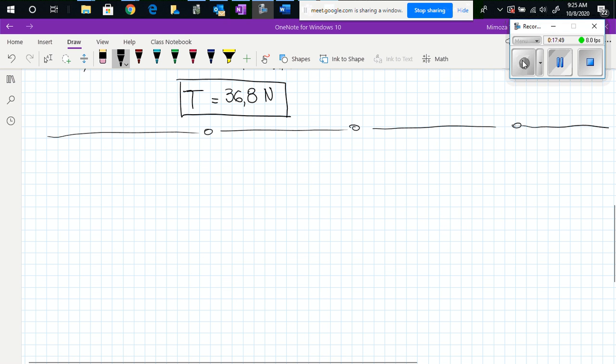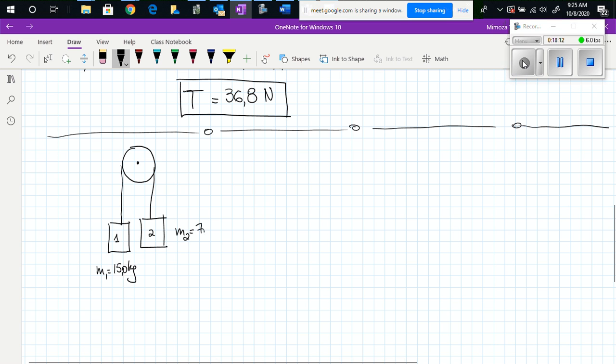Question? Okay, so let's suppose that we have a pulley now, and the masses of the objects are: mass 1 is 15 kilograms, and mass 2 is 7 kilograms. As the very first step, we said to define the direction of the motion.